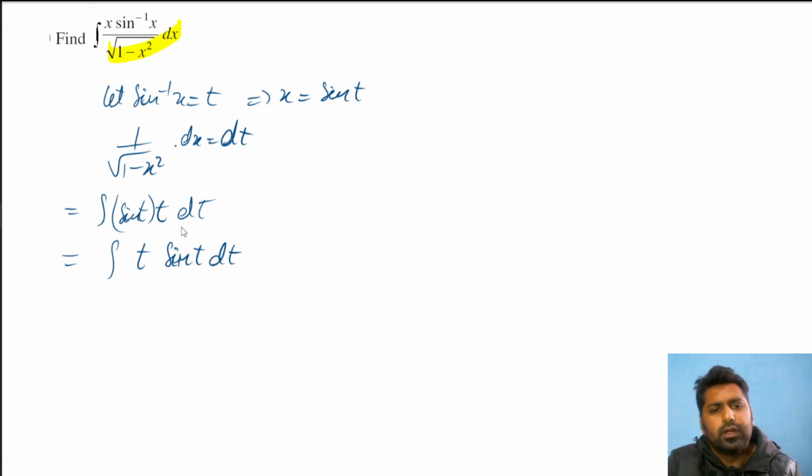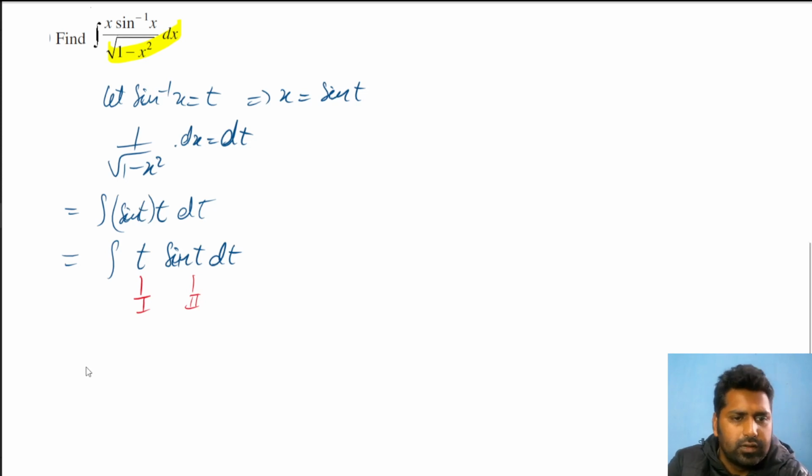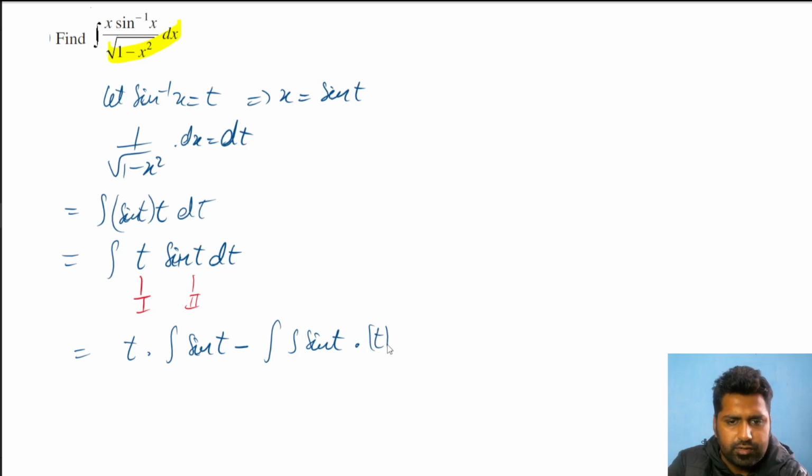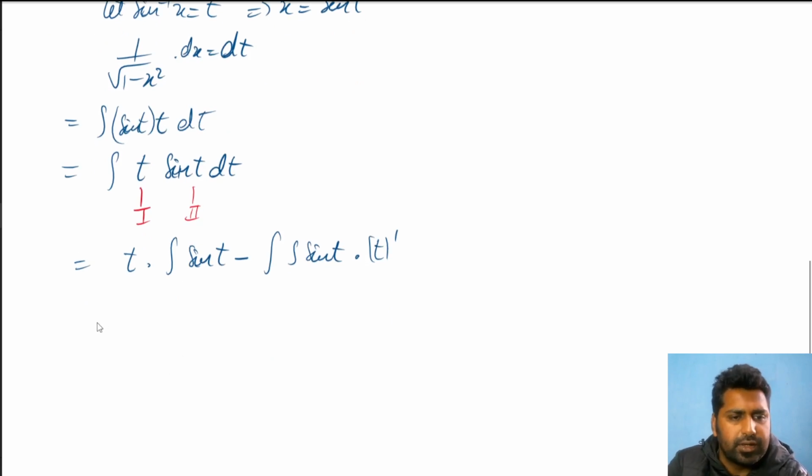Okay. Again use ILATE. Algebra comes first, so take t as the first function and sine t as the second function. So first function as it is, times integration of the second function, minus integration of the differentiation of the first function times the same integration that we have written. Now this time everything is in terms of t, so integration is also with respect to dt.